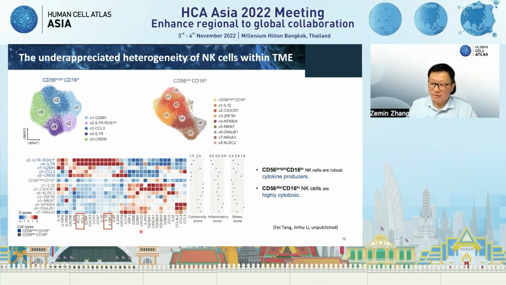And some of the cells may have high expression of cytokines that can be used for recruiting other cell types, like CCL3 and CCL4. Since this is not an immunology meeting, I'll skip why these expression patterns are meaningful. It suffices to say that different subsets of NK cells have different properties associated with cytotoxicity, inflammation, stress, and cell recruiting capabilities.